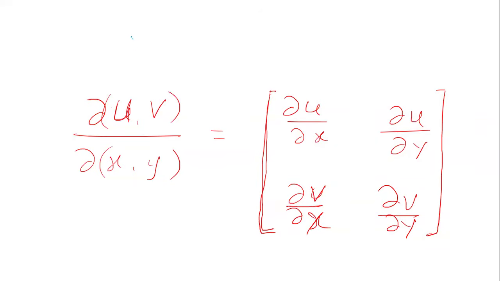This is based on the Jacobian matrix. Here, if u and v are functions of x, y, then the partial derivative of u comma v with respect to x comma y is equal to: first function, partial derivative of u with respect to x and partial derivative of u with respect to y.